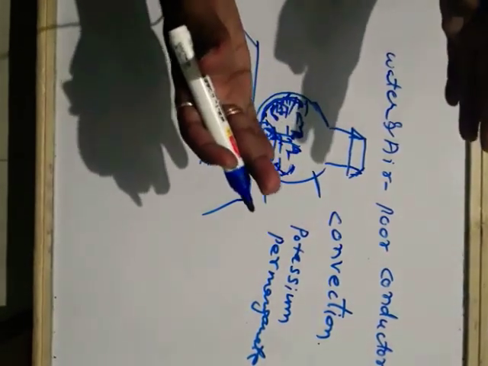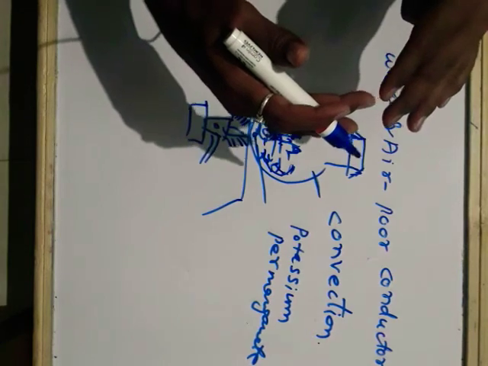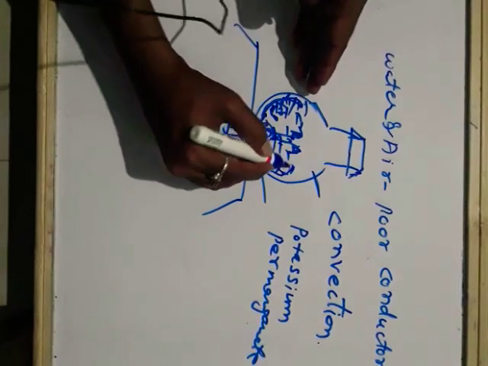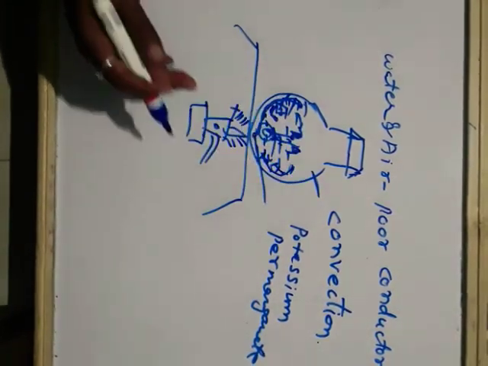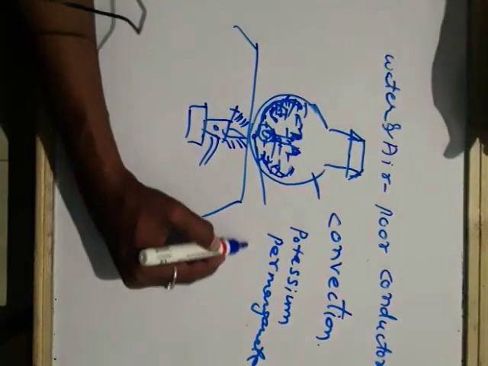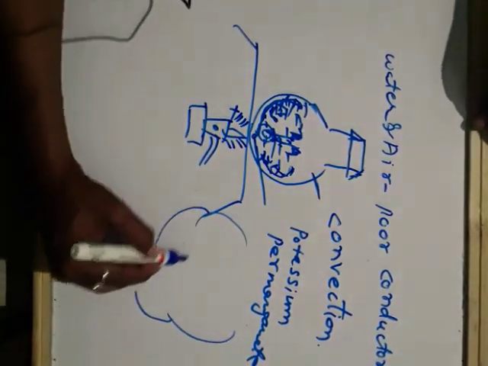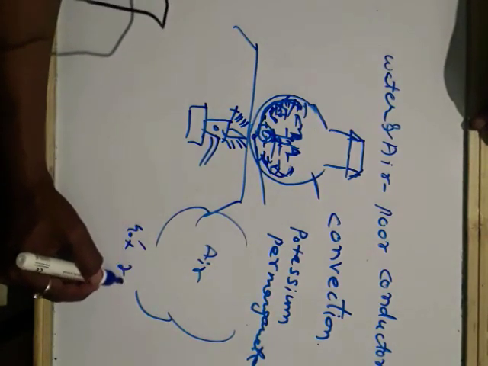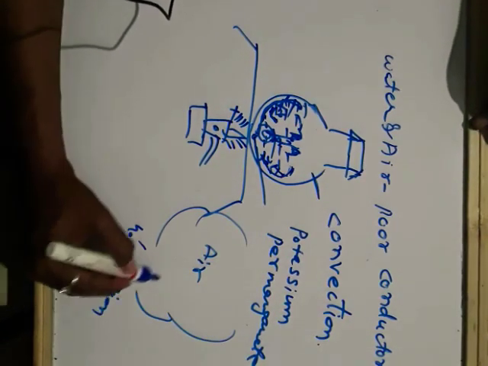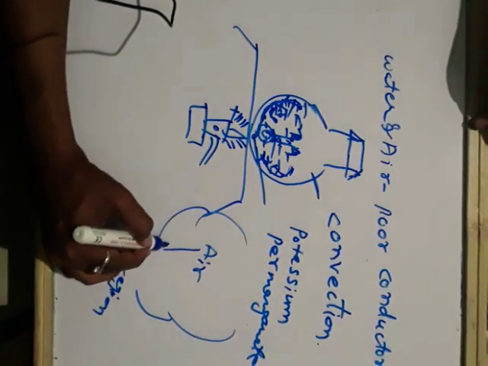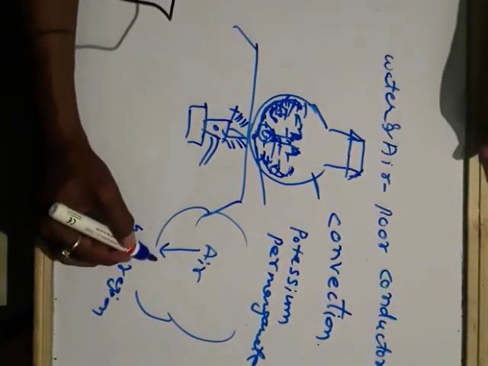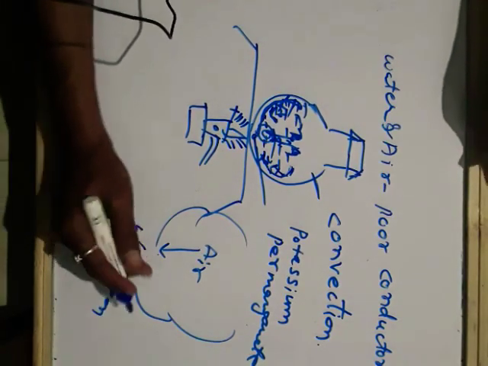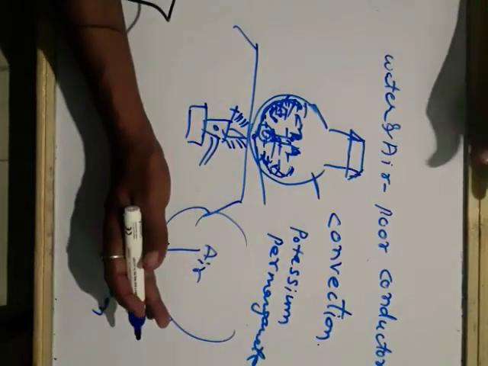The air from the sides comes in. Like in the case of water, suppose this is air and this is the hot region. The air moves to the hot region, and when it becomes hot, it moves back toward the cold region.